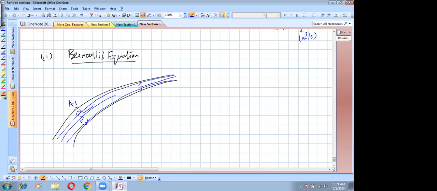So if this is A1, the velocity of flow is V1. Here this is A2 and the velocity of flow is V2. And with respect to some standard reference level, the average height in this region is H1. The average height in this region is H2.